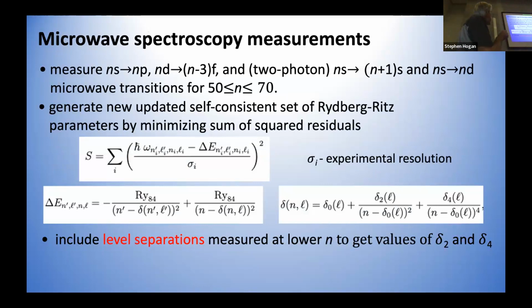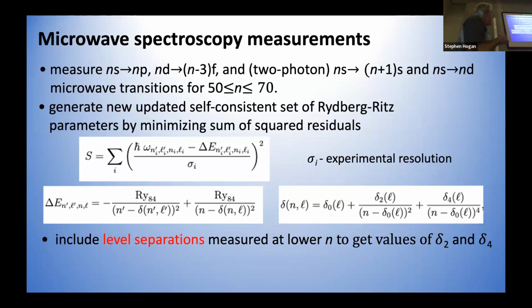We minimize the sum of the squared residuals given here for all the states, where this is the actual measured energy separation, this is the predicted energy separation, and this is just a measure of how accurate the particular series of experimental data that we're using are. So again, for this, we use the expression I gave before, and to vary the delta as we go through the fit, we just use the Rydberg expression.